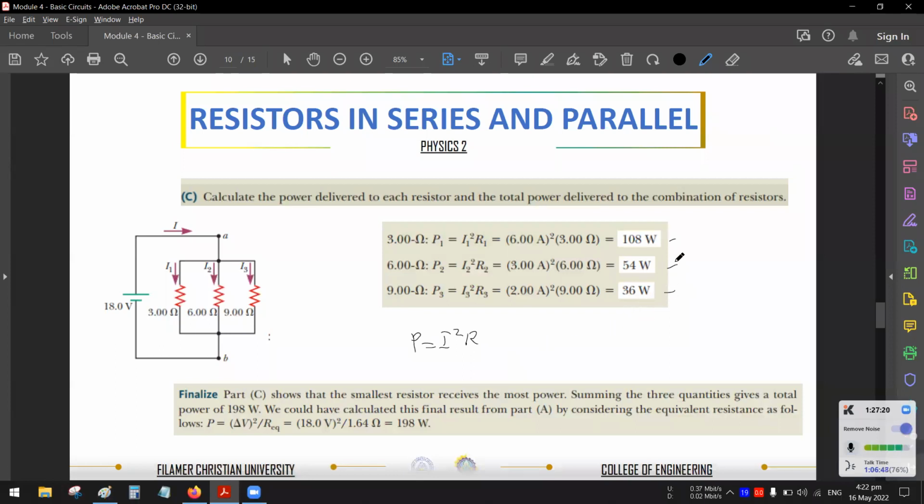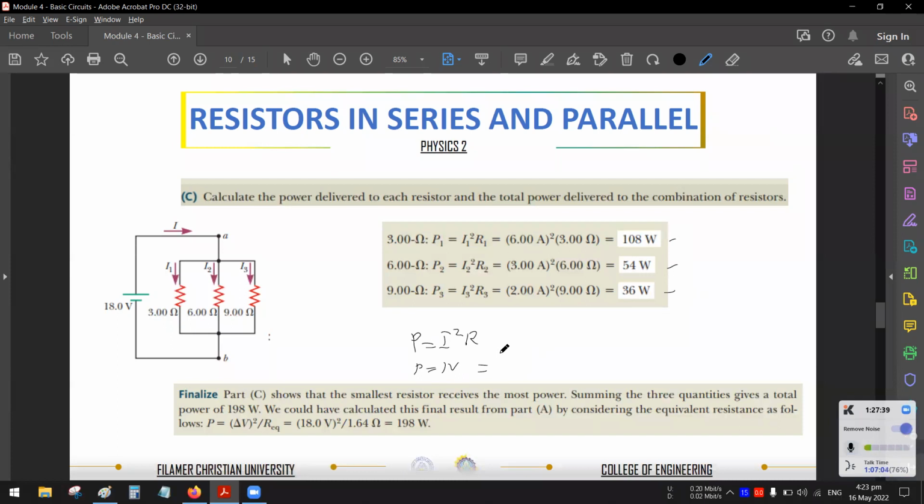Then for the total power, just sum up. Okay? So, sum up mo lang siya. And another formula for the power, in case na wala to, you can just have P is equals to IV. Diba? That is your current multiplied by the voltage.